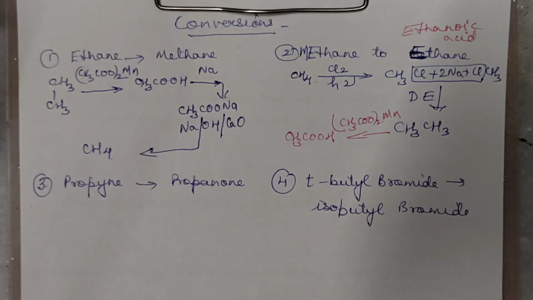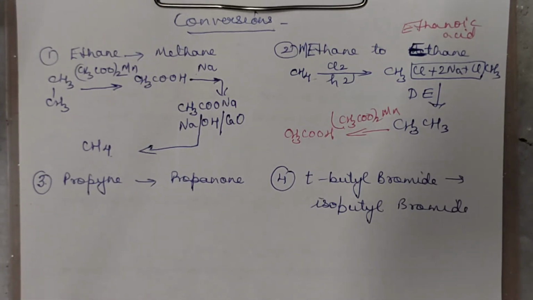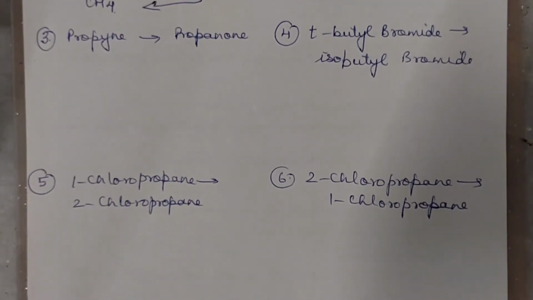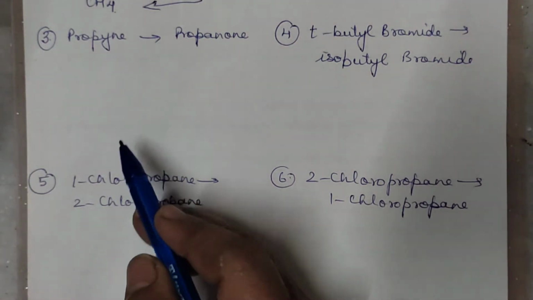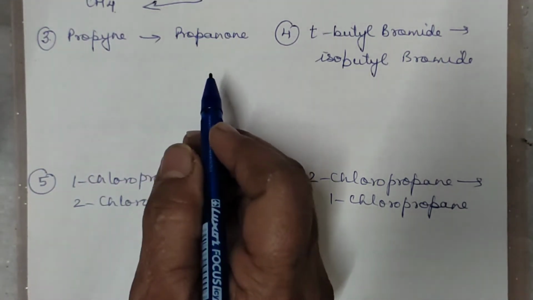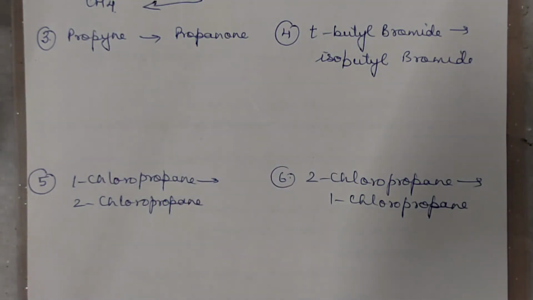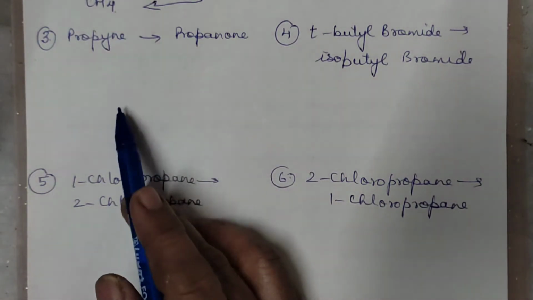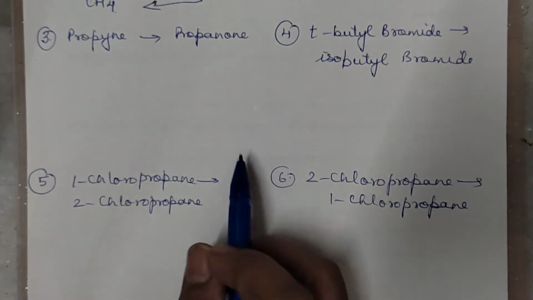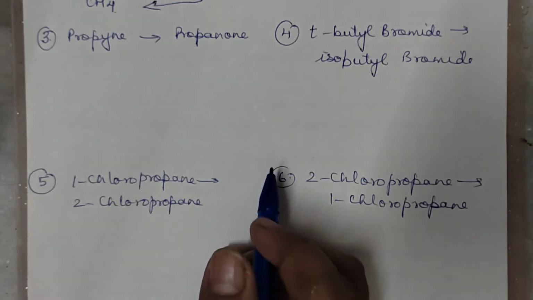Now, moving on to the next conversion, which says how will you convert propyne to propanone? What reaction have you studied in class 11 regarding alkyne to a ketone or some carbonyl compound? You have the addition of water.